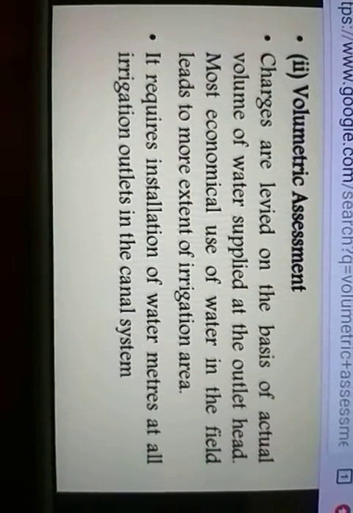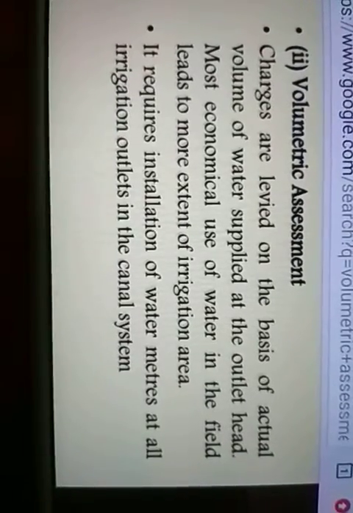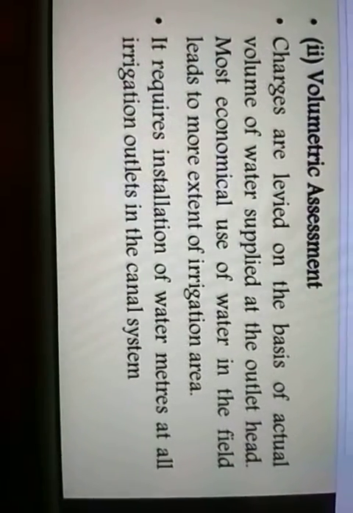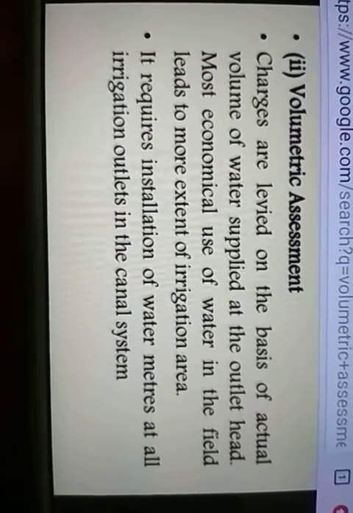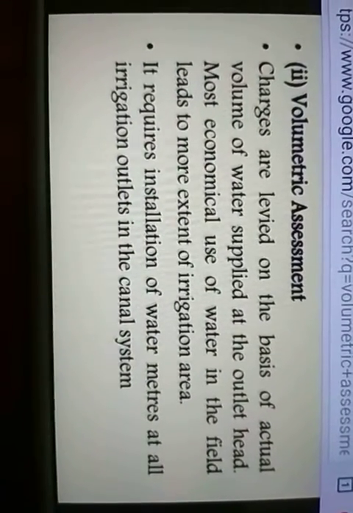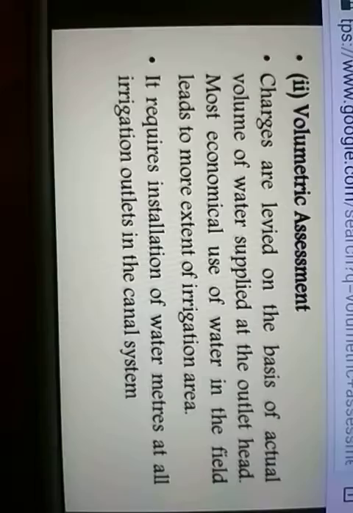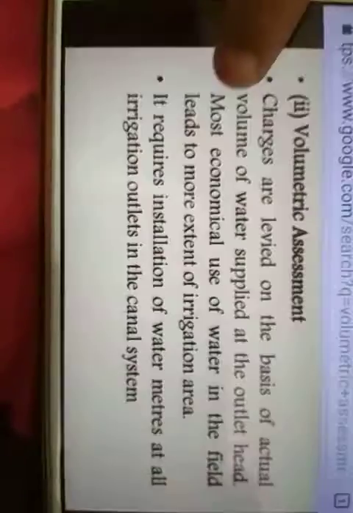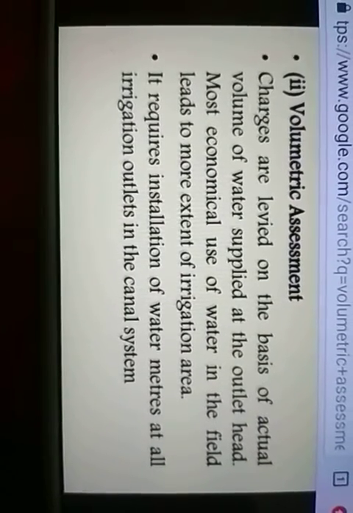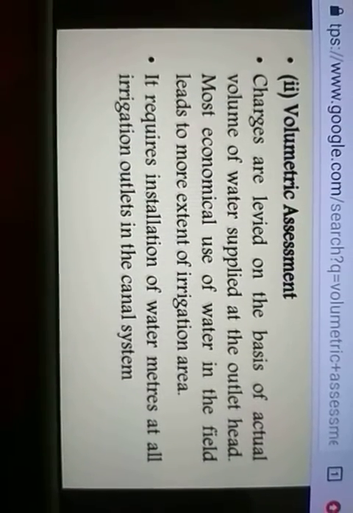It requires installation of water meters. So for this purpose, water meters are installed and the readings are taken by the command area department at all irrigation outlets in the canal system.